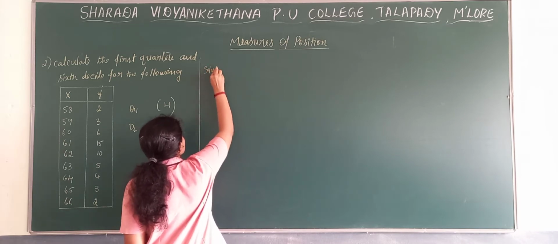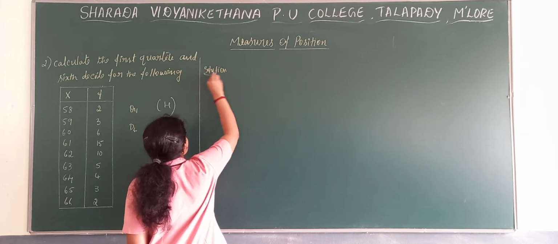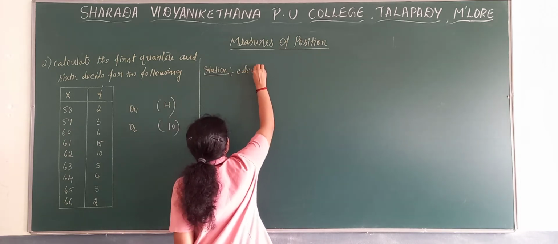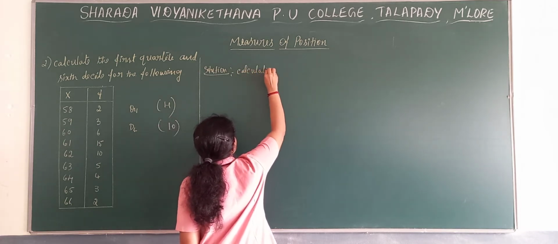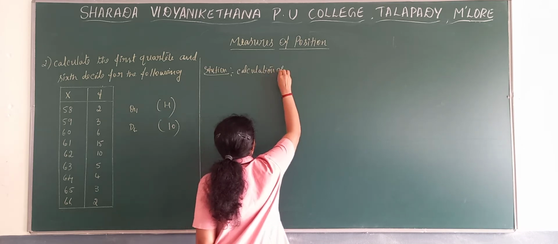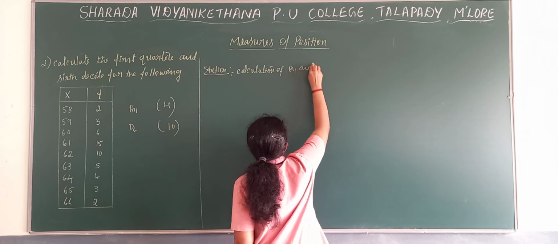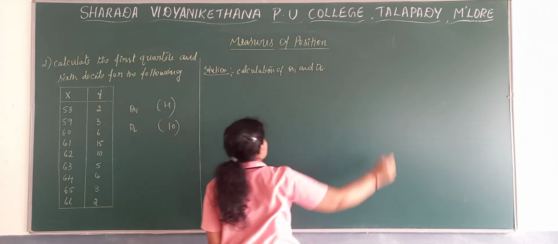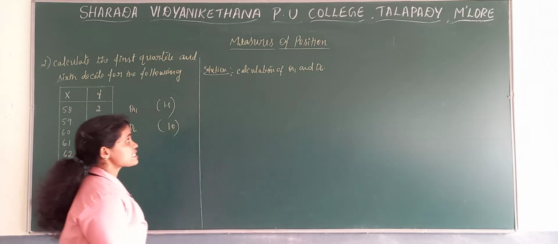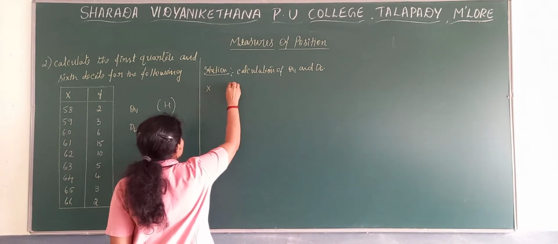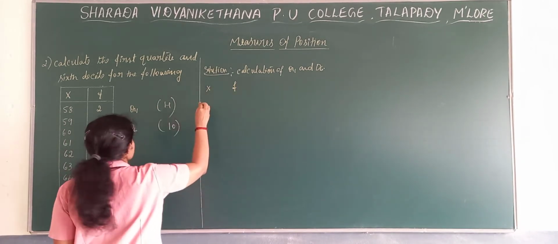So here, solution: calculation of Q1 and D6, that is first quartile and sixth decile. Now take the problem as it is. Variable and frequencies.